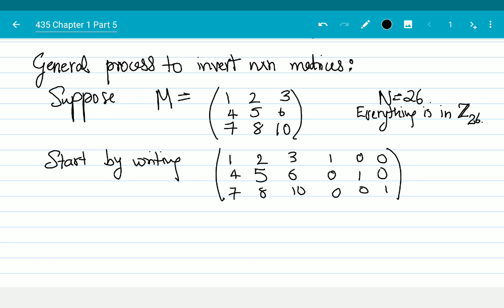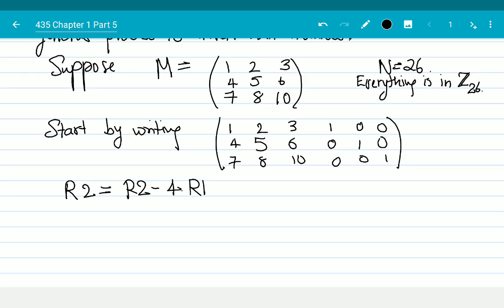So my first operation is row 2 is equal to row 2 minus 4 times row 1, and row 3 is equal to row 3 minus 7 times row 1.